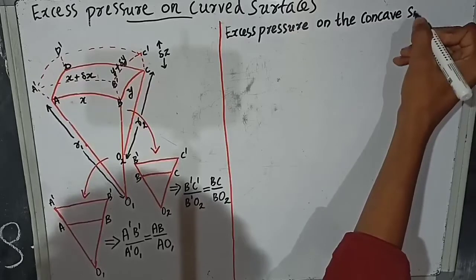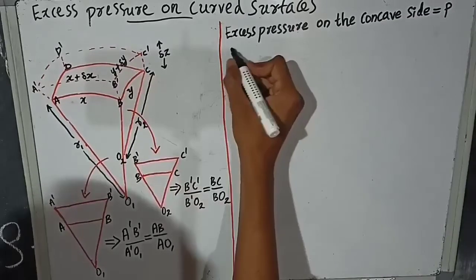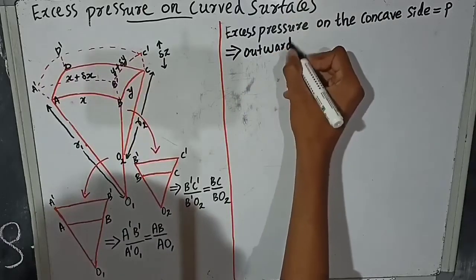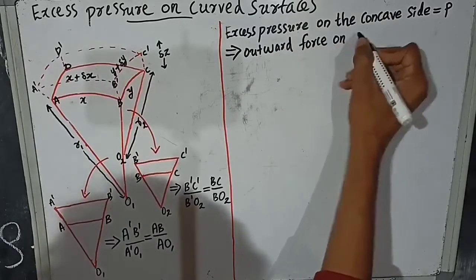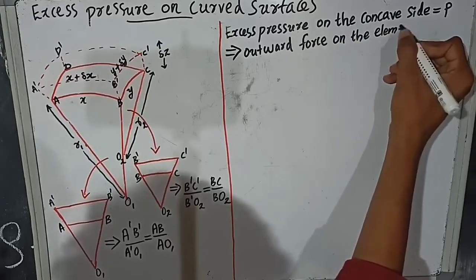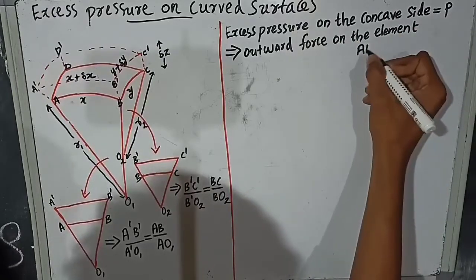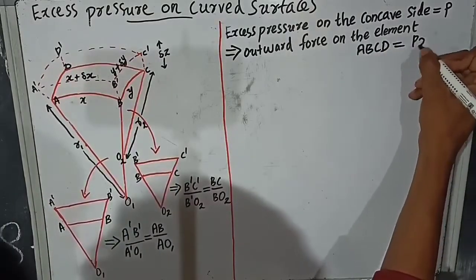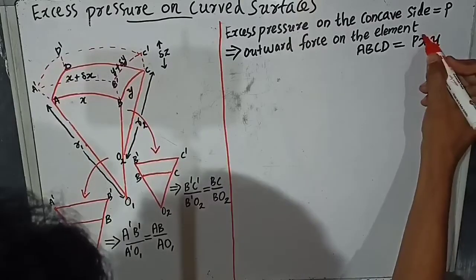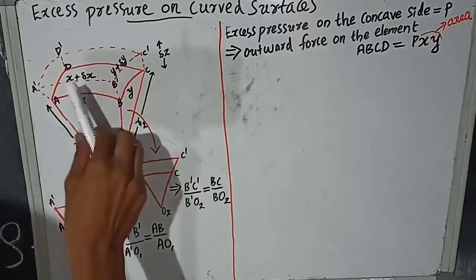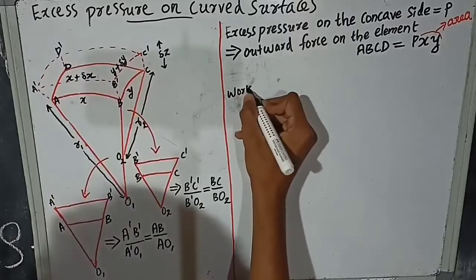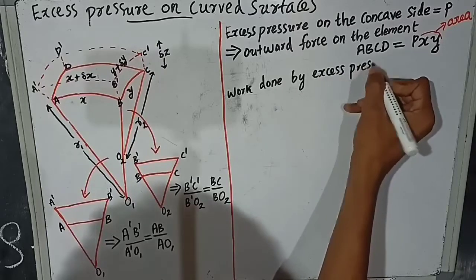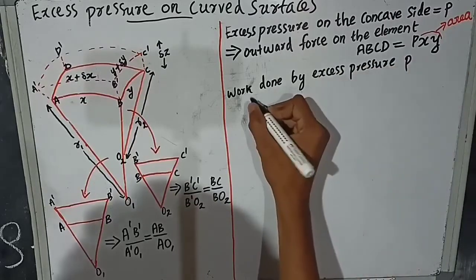So let's take the excess pressure on the concave side to be P. This implies the outward force on the element ABCD is equal to Pxy, where this xy is just the area.